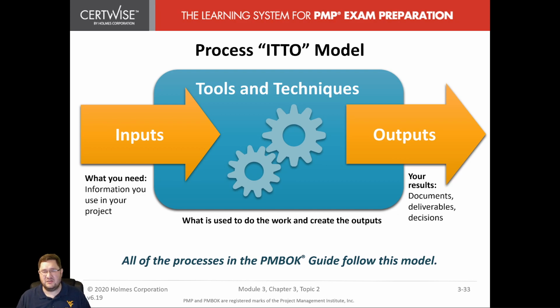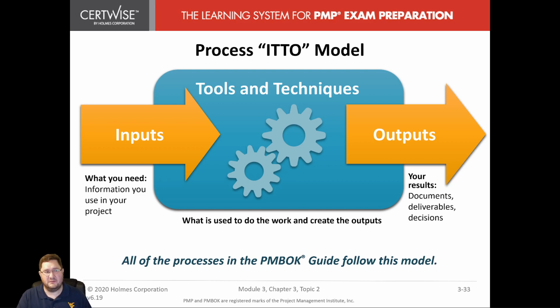So inputs are what you need for your project. The tools and techniques are what you're going to use to do that operation in that process. The end result is usually a document, a deliverable, or a decision. All these processes are in the PMBOK guide, and they follow this model, so that way it's easier to see.